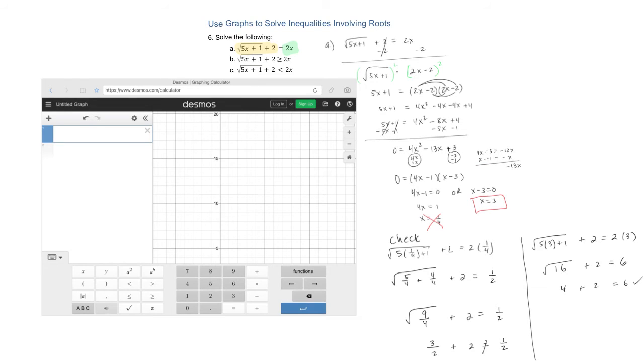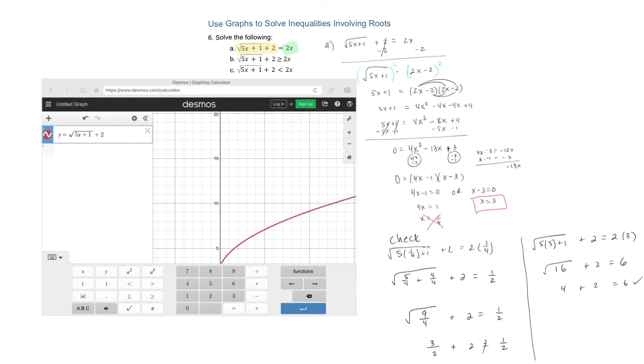All right, so let's go ahead and graph y equals the square root of 5x plus 1, and then that's plus 2.